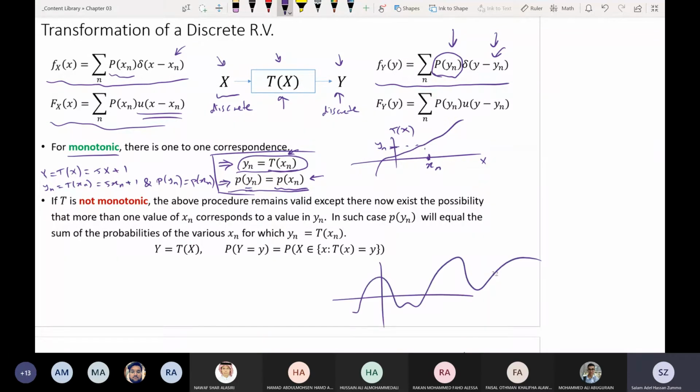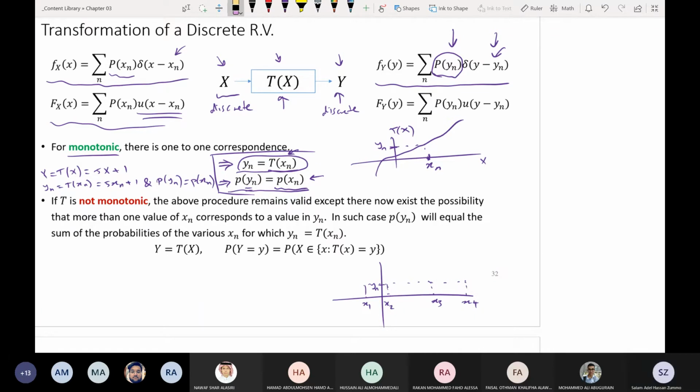So for example, for every y in here, how many values do I have for x? I have this value x1, I have x2, I have x3, I have x4. Let's say after that it increases, but just so we don't complicate the matter.